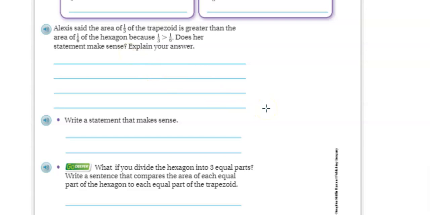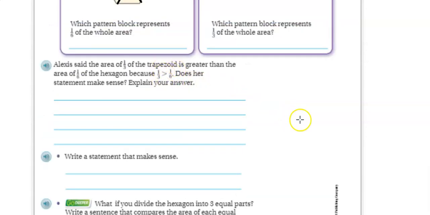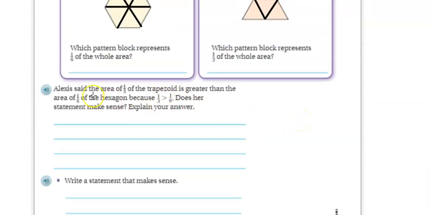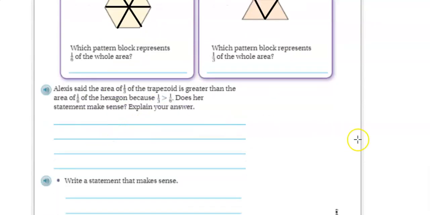So if you look at the fractional parts up above, you can see that 1/3, okay, Alexis says the area of 1/3 of a trapezoid is greater than the area of 1/6 of a hexagon. So if you look right here, here's the trapezoid and here's the hexagon. Can you see them right here? And I said if you move this over, you would have to have 2. So does her statement make sense?